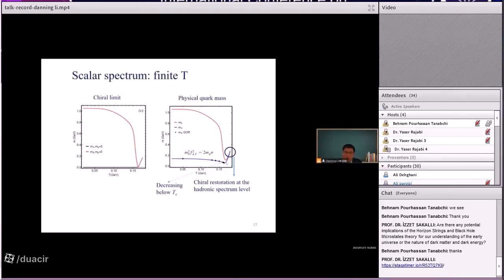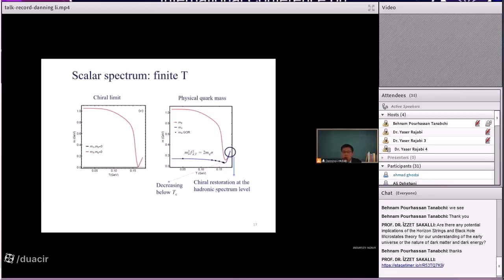This is consistent with the Son-Stephanov analysis and lattice results. Also we can check that the pion mass at finite temperature and the decay constant at finite temperature satisfy the GMOR relation. It's guaranteed that it's the Goldstone boson. So it shows the consistency of the soft-wall model again.